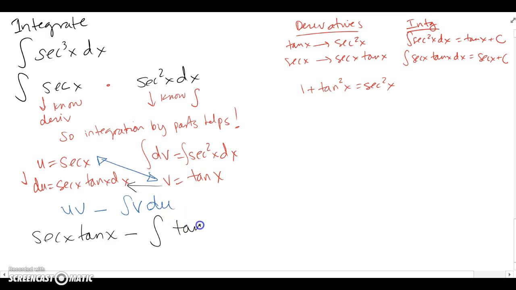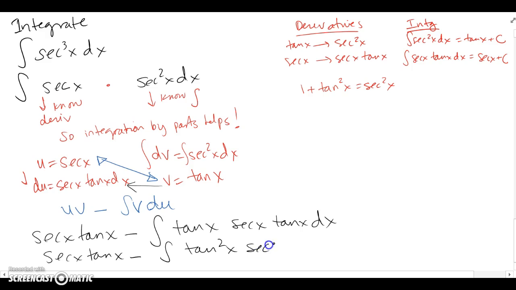So v is tan x, and du is secant x tan x dx. Okay, so what we have so far is secant x tan x, that's taken care of. And over here I got two tangents, that's tangent squared x, secant x dx, which makes me happy for now because I have a combination of those two guys, and maybe these guys over here will help me out in figuring that out.